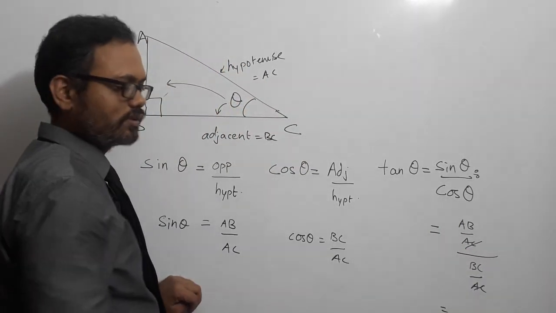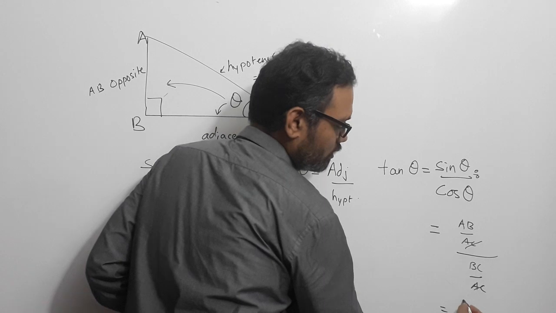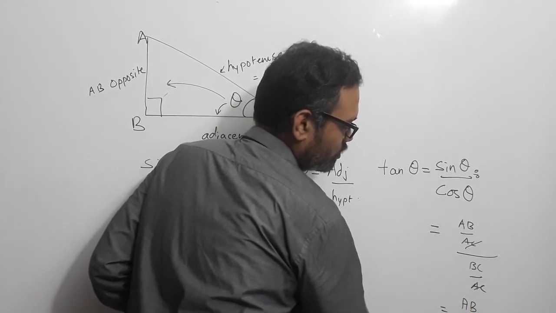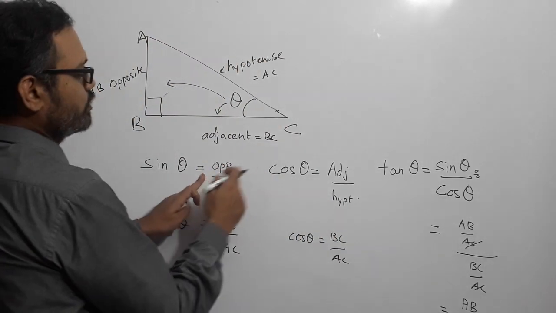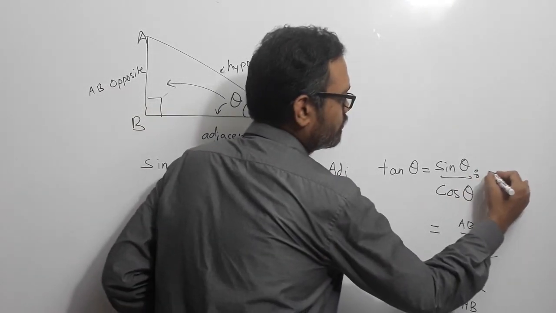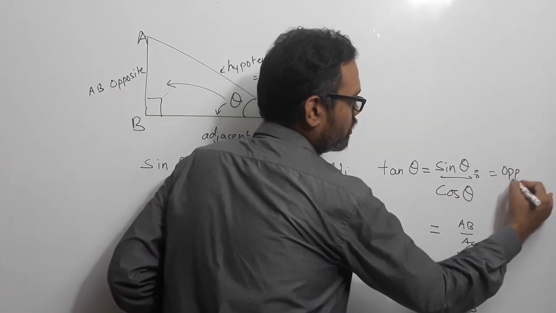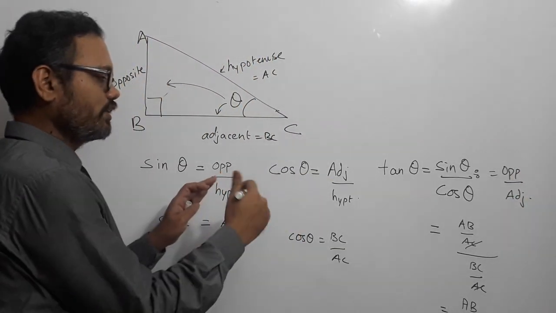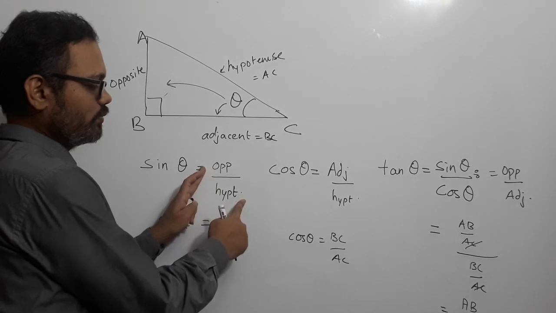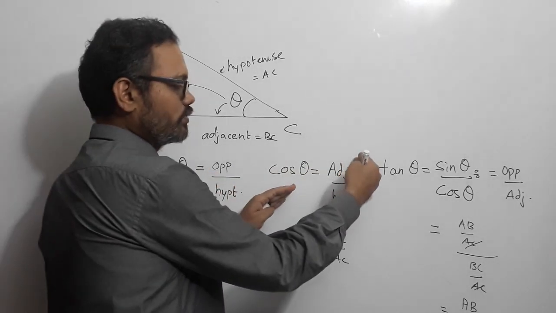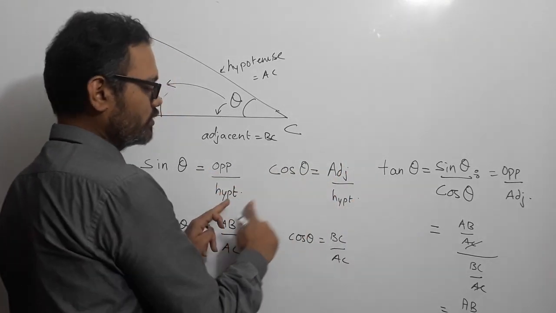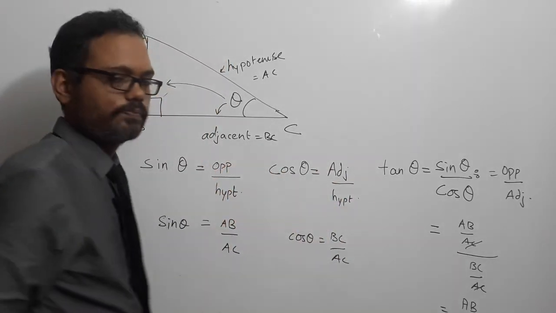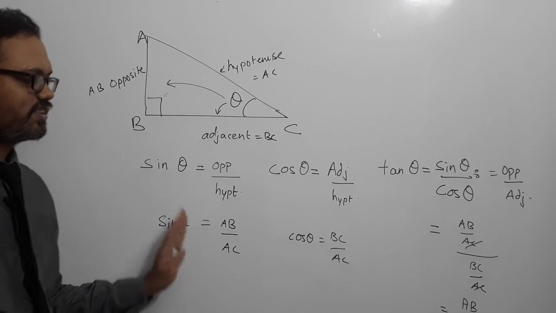How it gets cancelled and all that we will learn later. Directly comes AB upon BC, which is opposite upon adjacent. So always remember tan theta is opposite upon adjacent. And how would you remember it? Sin theta upon cos theta. Sin theta is opposite upon hypotenuse divided by cos theta, adjacent upon hypotenuse. Hypotenuse will get cancelled. What will remain? Opposite upon adjacent.